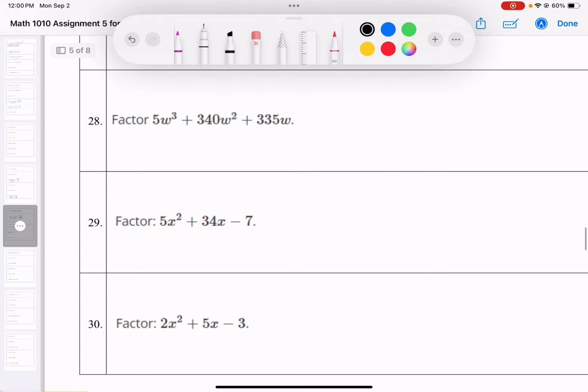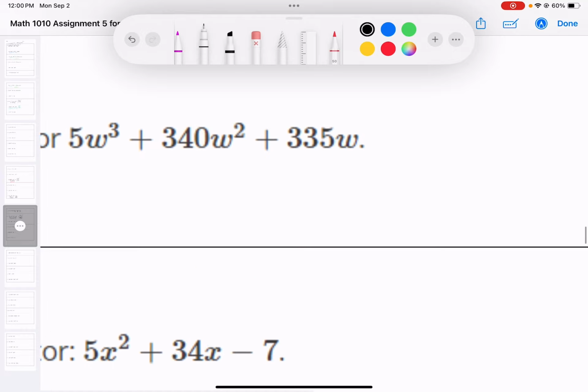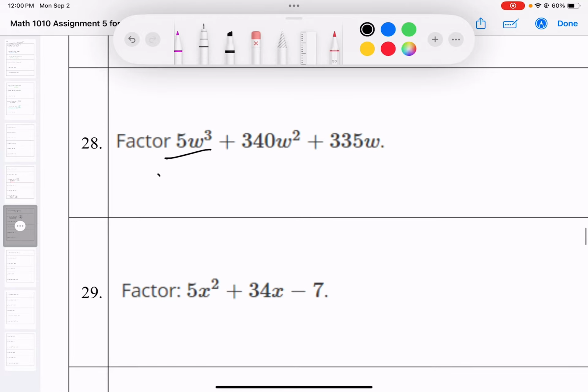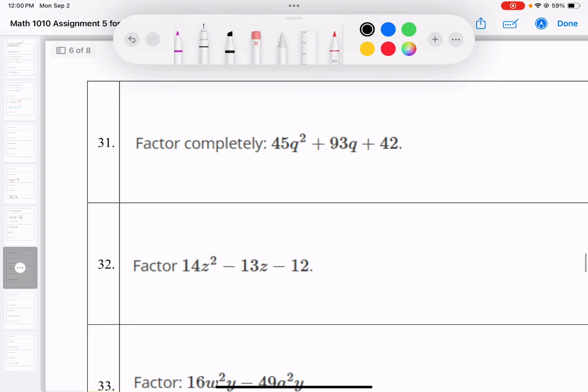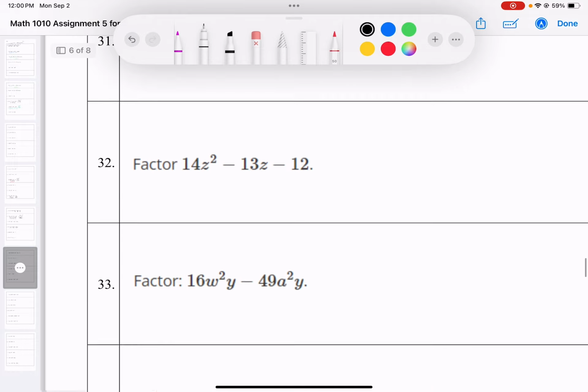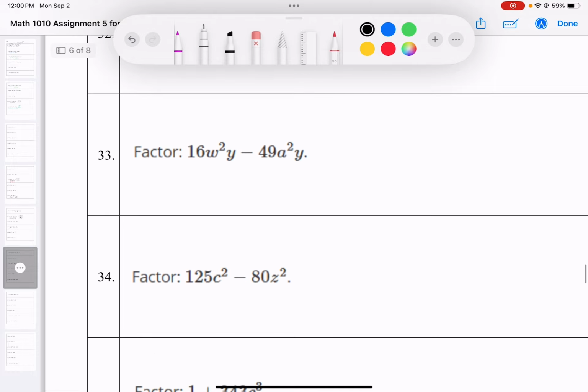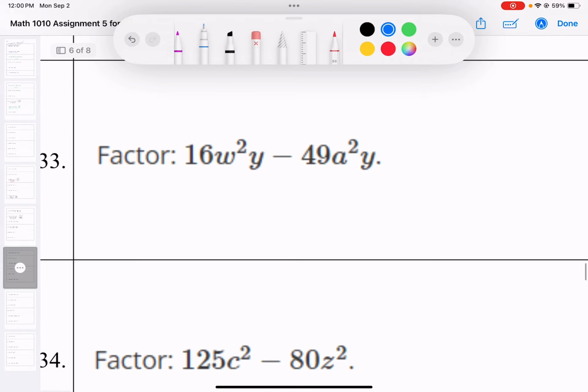Let's see. This one I can factor out a 5w. You can solve. Let's see. So here we are looking at this one's got a lot going on. So I can factor out a y.